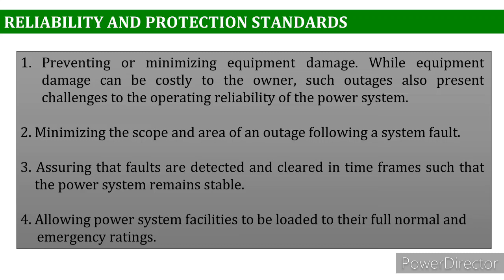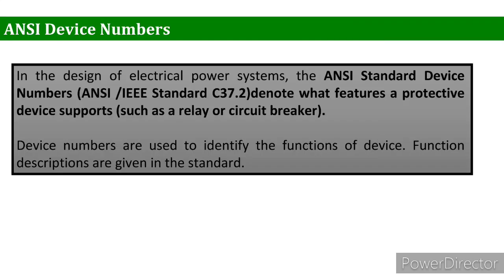This constraint typically requires the use of two independent protection schemes for each protected facility, or as per requirement. So we can say that these are the guidelines of the objectives of any reliable operations according to the standards. Like we have a standard body like ANSI, American National Standards.